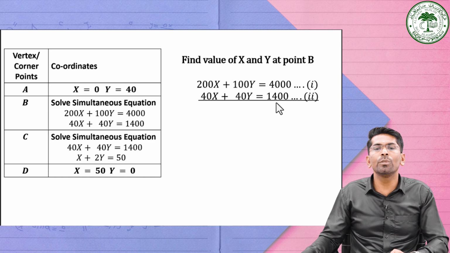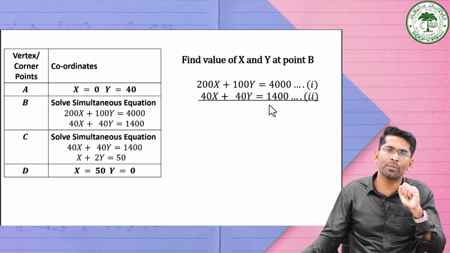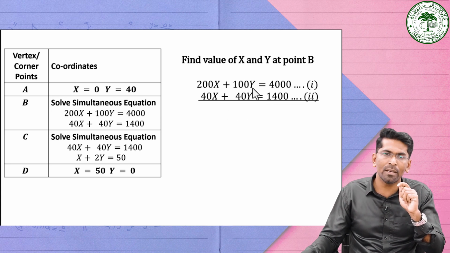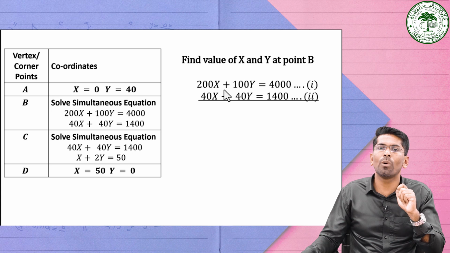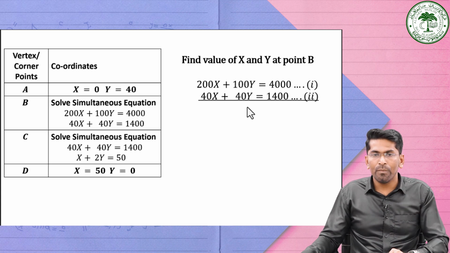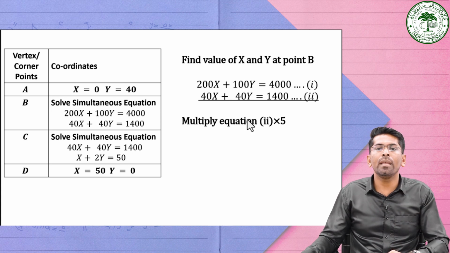Now we can use the elimination method, or the substitution method as well, but here we are going to use the elimination method so that we can eliminate one of the variables, x or y, and get the values accordingly. So here we are going to multiply equation number 2 by 5 so that the coefficient of x can be equalized, so that we can eliminate the variable x.